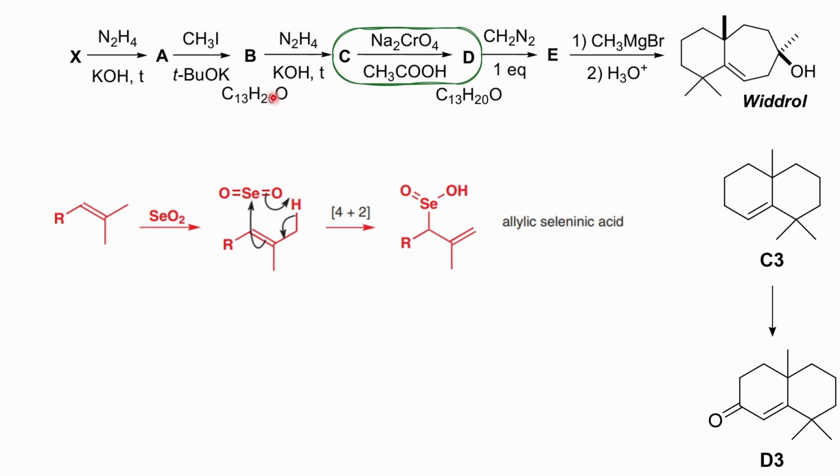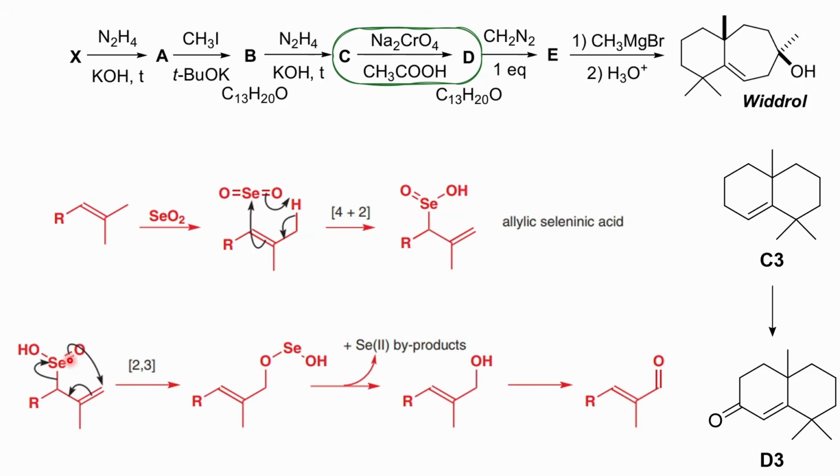Here, selenium dioxide reacts with this allylic position; this carbon-hydrogen bond is reactive in this case. So there's this 4+2 cycloaddition, and you end up with this. Then there's this shift, the C=O double bond attacks this carbon-carbon, then it shifts here, the carbon-selenium bond breaks, and you get this one.